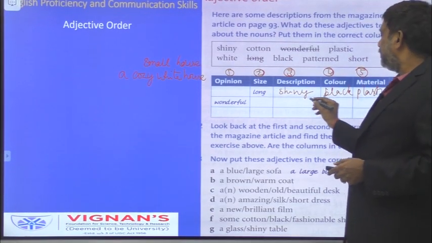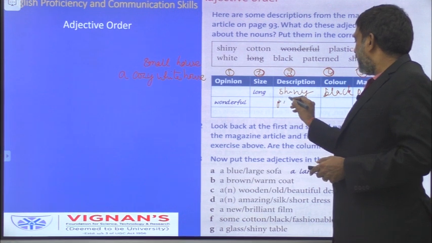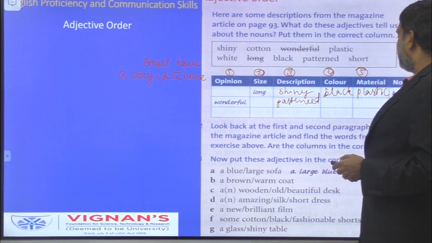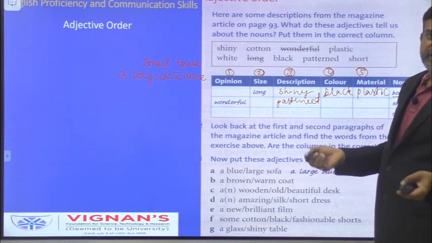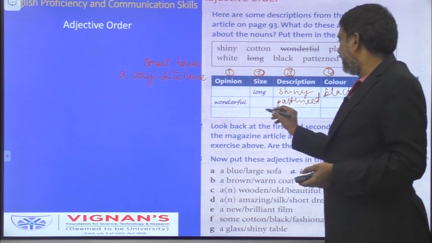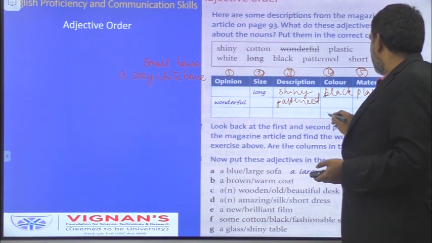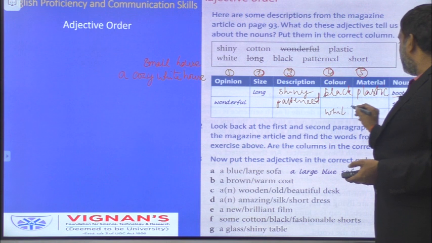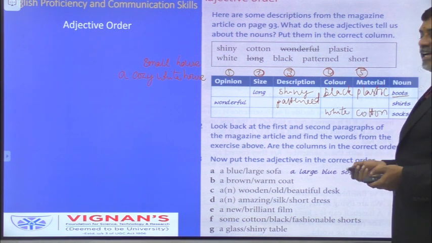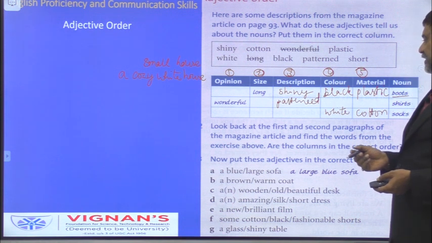Here we have wonderful, and description is pattern shirts. So like that, socks, whether it is long, short, white, they talked about color, white, and material, cotton socks. So like that we need to use the adjectives.